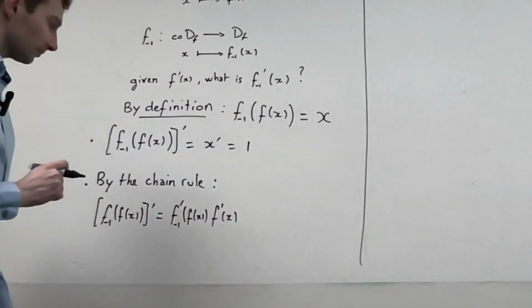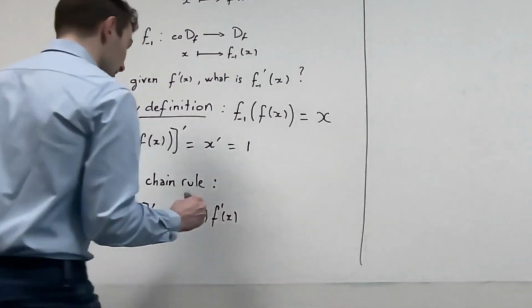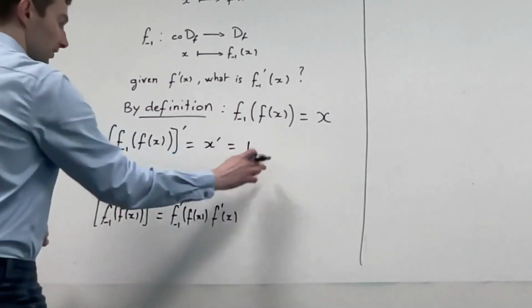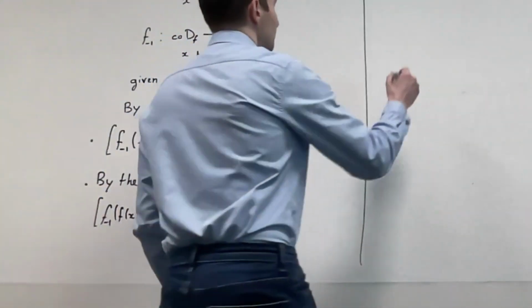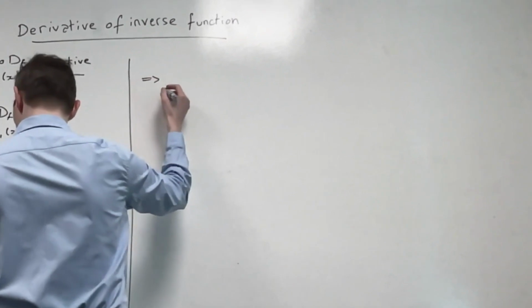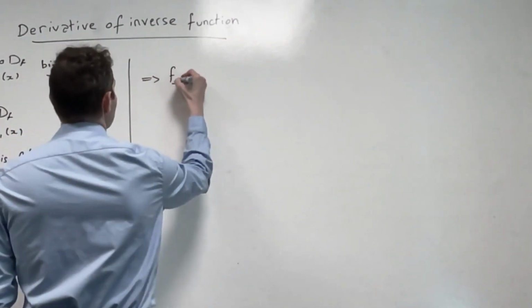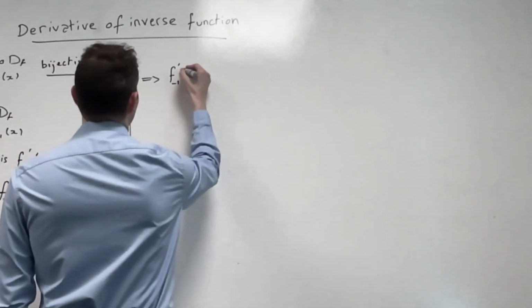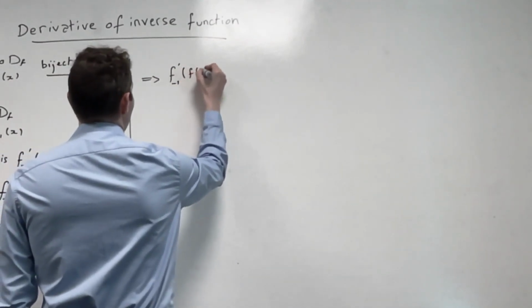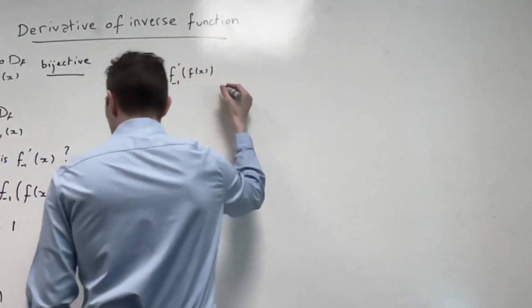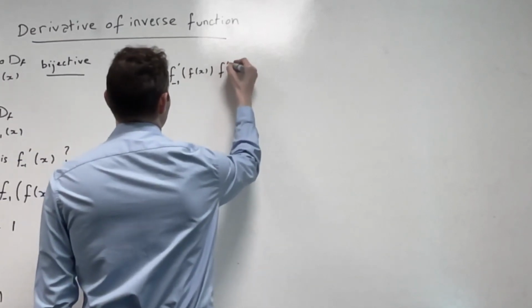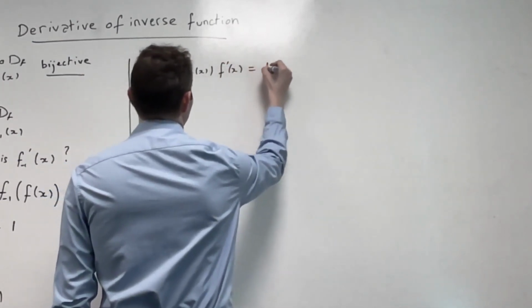And so, when you put these two together, we have that f -1 prime of f of x times f prime of x is equal to 1.